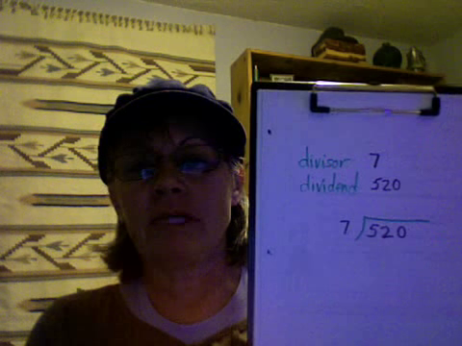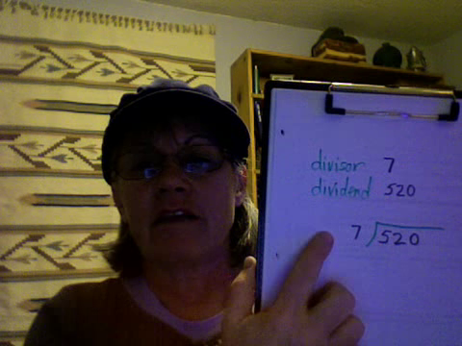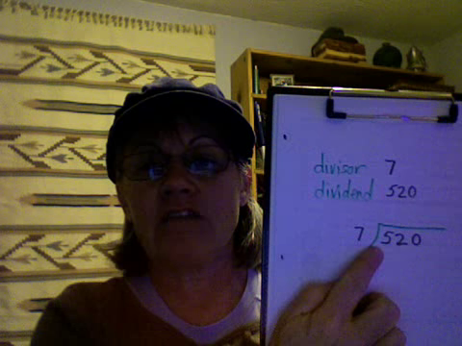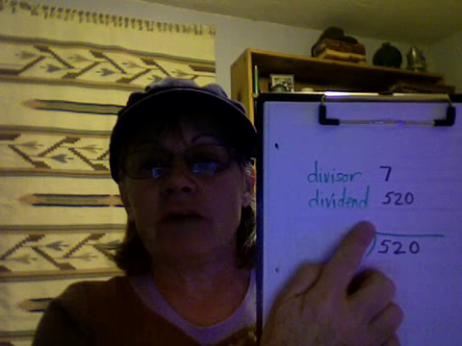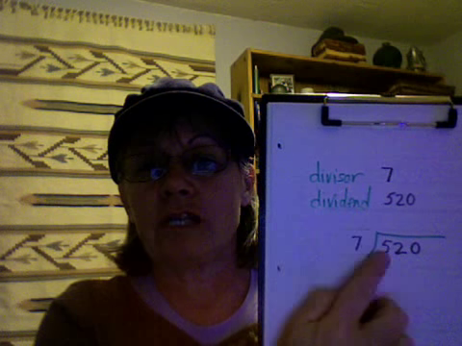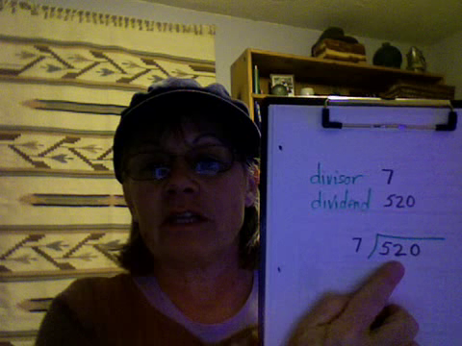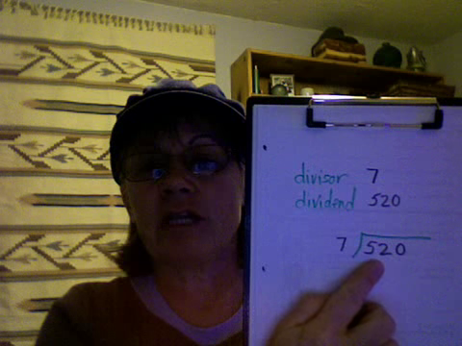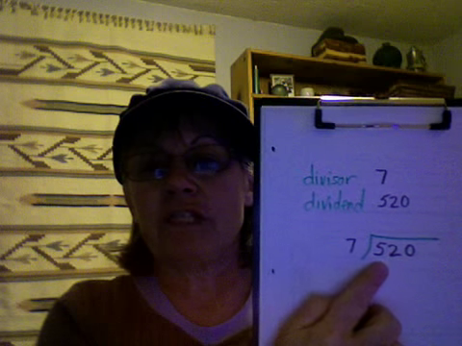This one might be tricky because as you start out, it's easy to see that you cannot get any 7s into 500s. So you're going to have to imagine a 0 in the hundreds place of your quotient and then work to the next digit over using the hundreds and tens and ask yourself the question, how many 7s are there in 52?